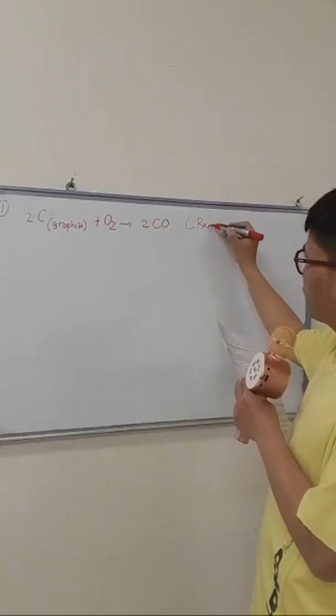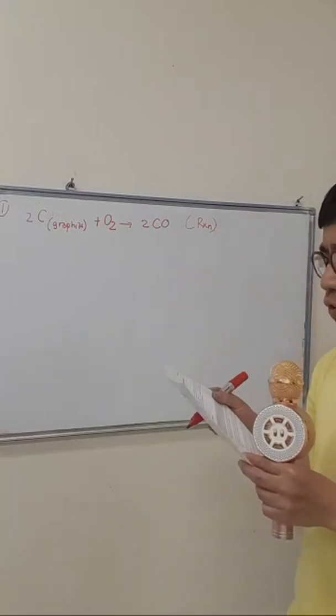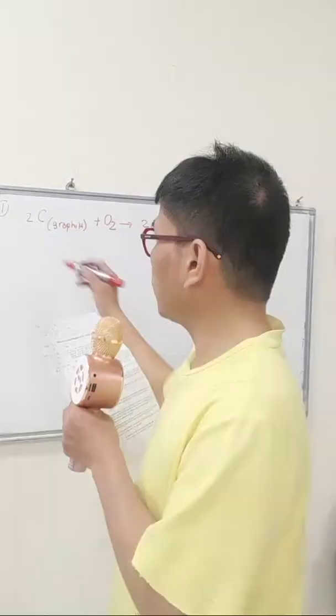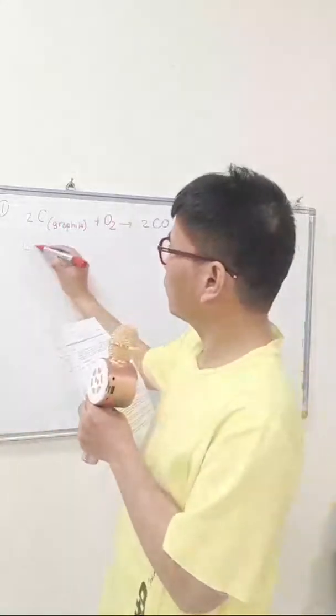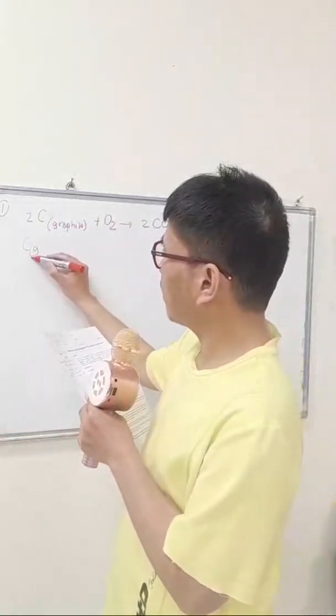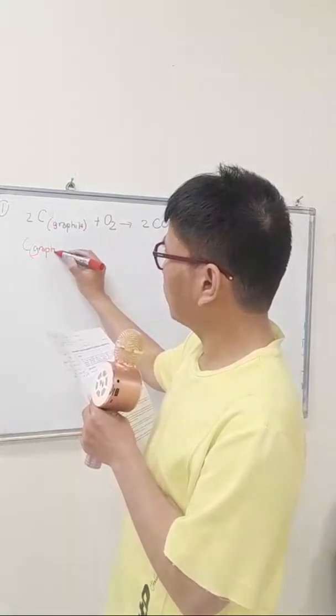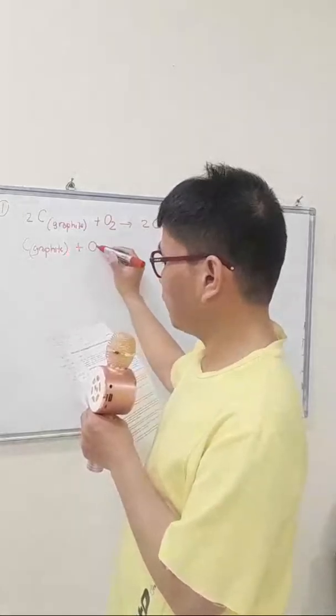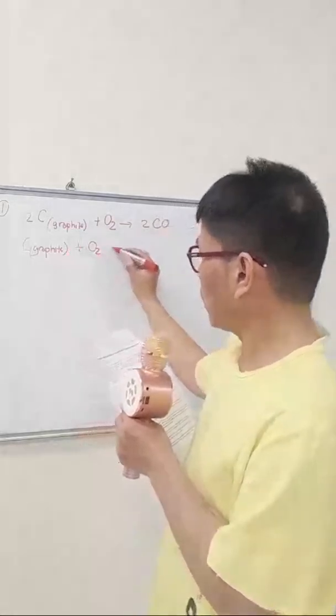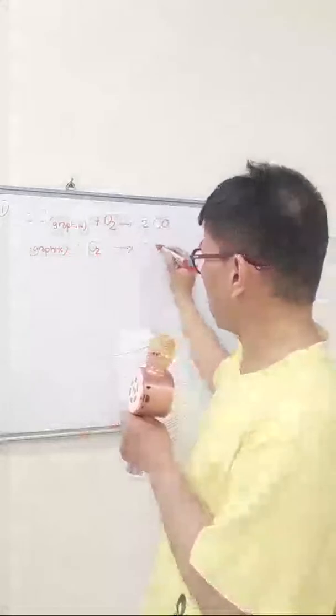Then your first reaction here is C, graphite. Graphite, guys, is a carbon. Carbon graphite plus oxygen gas equals carbon dioxide.